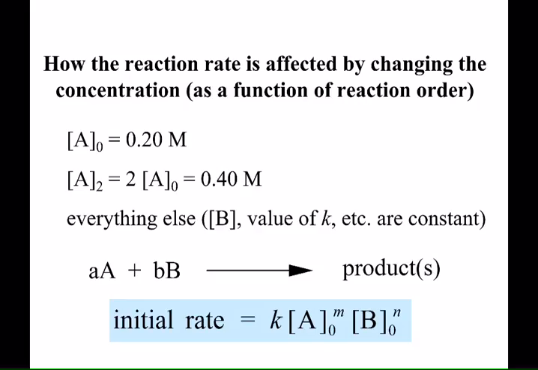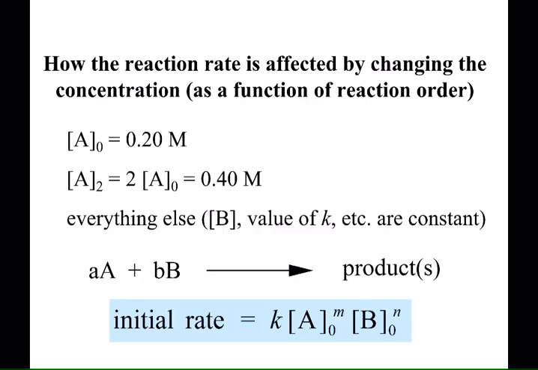I'm going to rewrite this up here. I'm going to say initial rate is equal to K prime times the molar concentration of A raised to its reaction order. And then usually what I do is I say K prime really is this times this.